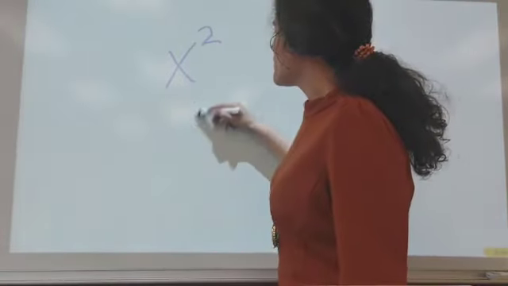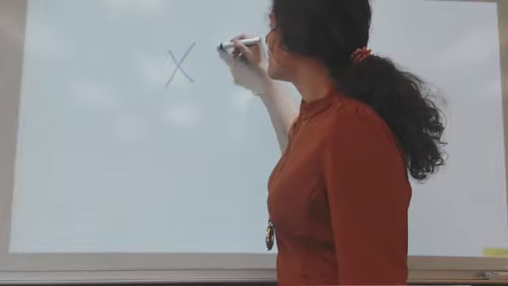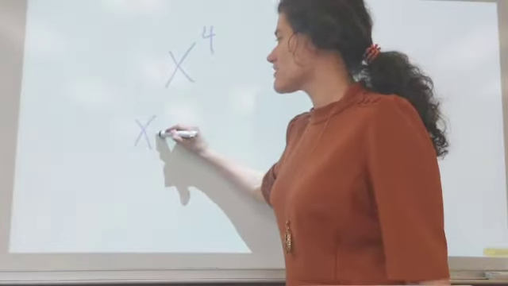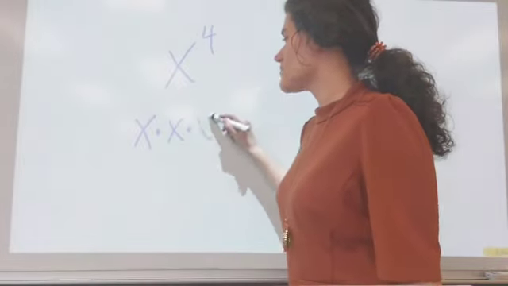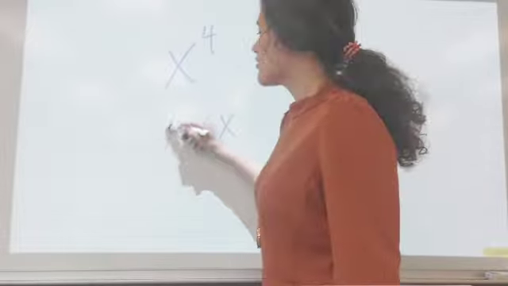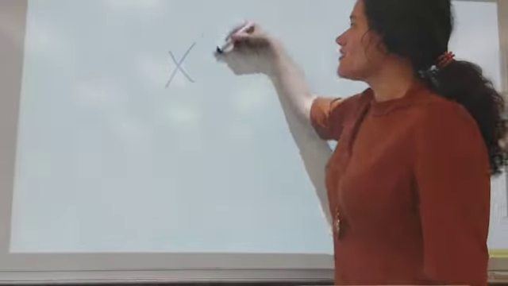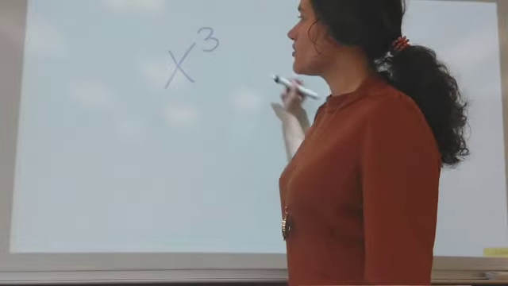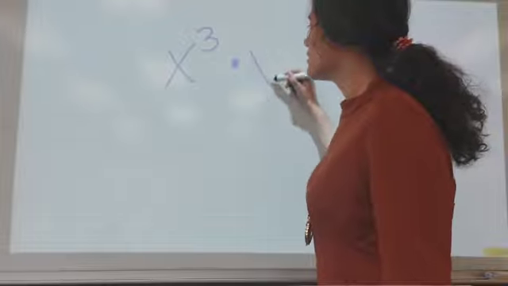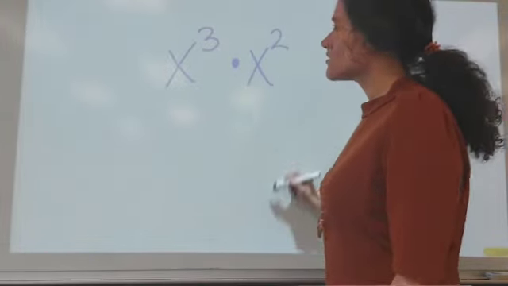If I see x to the 4th power, that just means x times x times x times x. What about if I said x cubed and then I multiplied that by x squared?